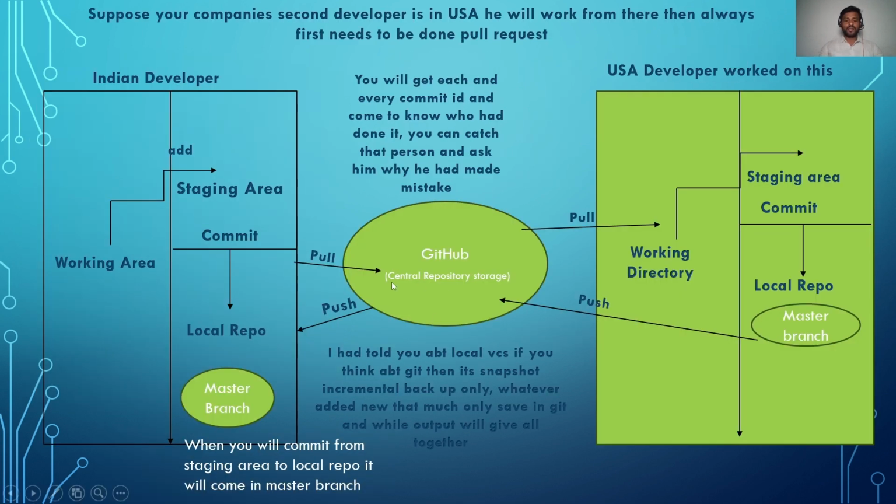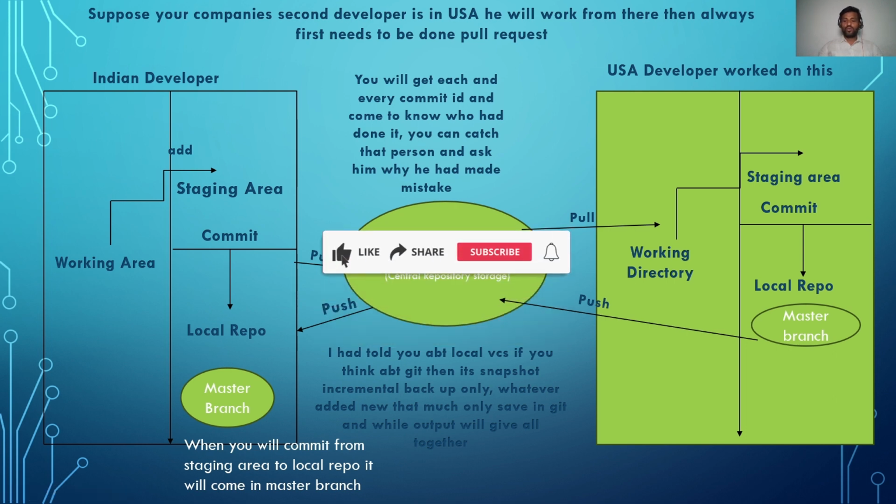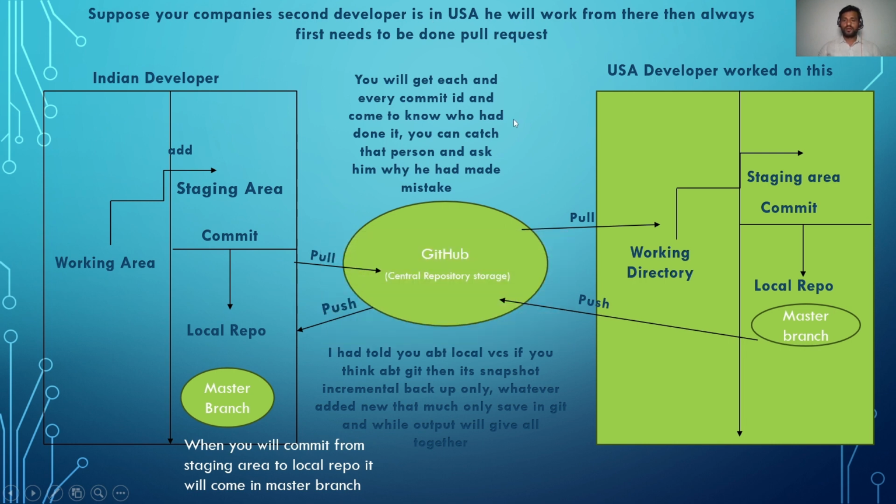Let's go to the next screen. This screen talks a lot about pull, push, and the Git states. Suppose your company's second developer is in the USA and works from there; he always needs to do a pull request first, right?